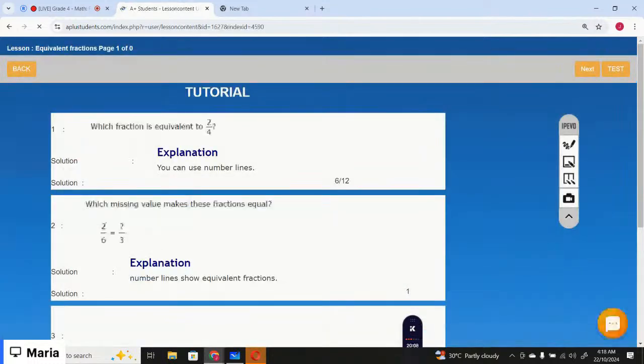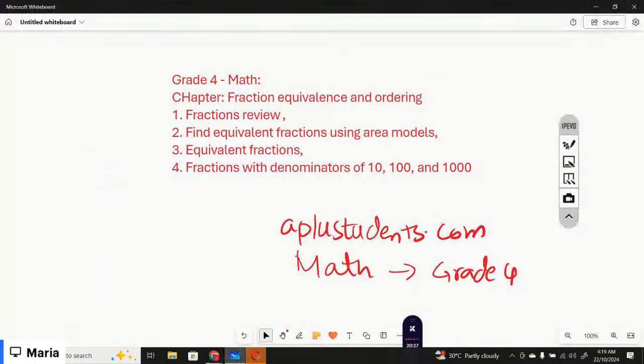So now we're going to learn what equivalent fractions are, right? Equivalent fractions are the ones that are exactly equal, either when you multiply them by a number or divide them by a number. For example, just look at the board.